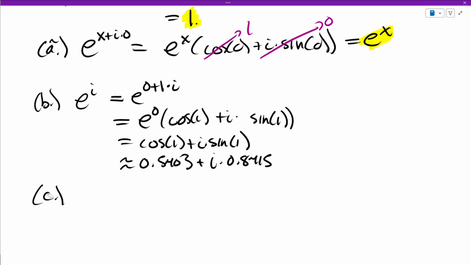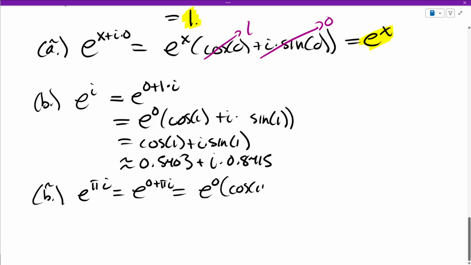Actually, before we do part C, we have to talk about the most beautiful equation. So we're going to do e to the pi i, so that's 0 plus pi i. With our formula, that's e to the real part, times cosine of the imaginary part, plus i sine of the imaginary part. E to the 0 is 1. Cosine of pi is negative 1. Sine of pi is 0. So we get 1 times negative 1, or negative 1.